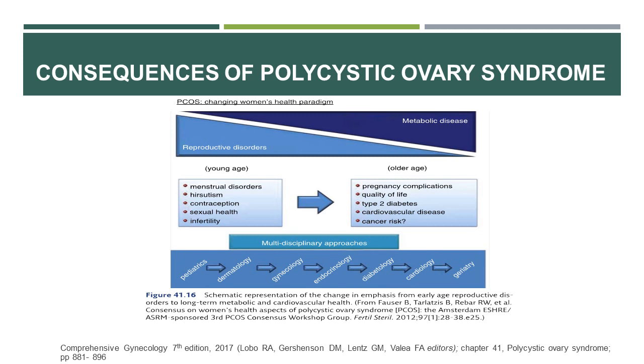Now the emphasis is more on the long-term consequences of PCOS. So this diagram depicts the shift in emphasis with aging, which requires a multidisciplinary approach. With aging, concerns for cardiovascular disease, including hypertension, metabolic syndrome, diabetes, and cancer become more prominent.